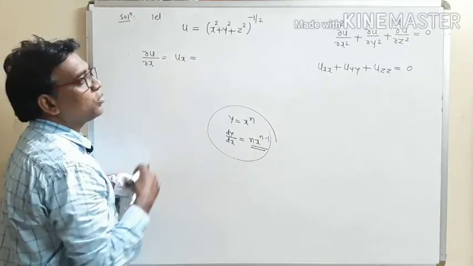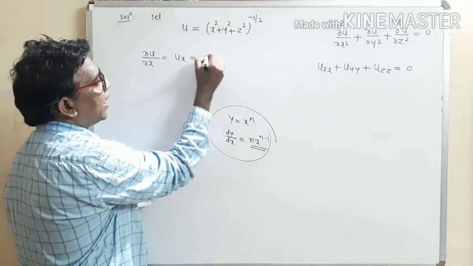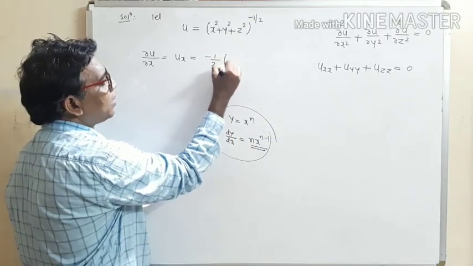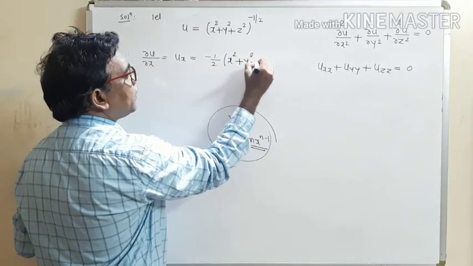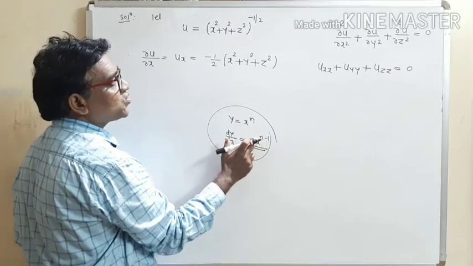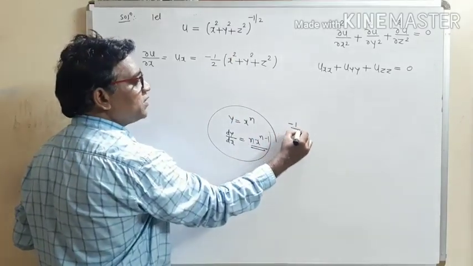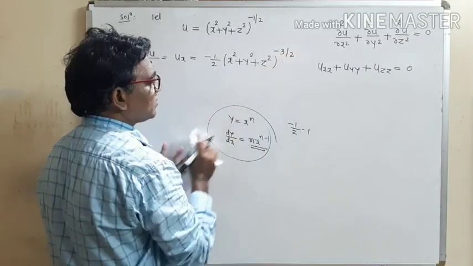So use the same formula. Here n is minus 1/2, into (x² + y² + z²) raised to n minus 1. N minus 1 means minus half minus 1, this is bracket raised to minus 3/2.